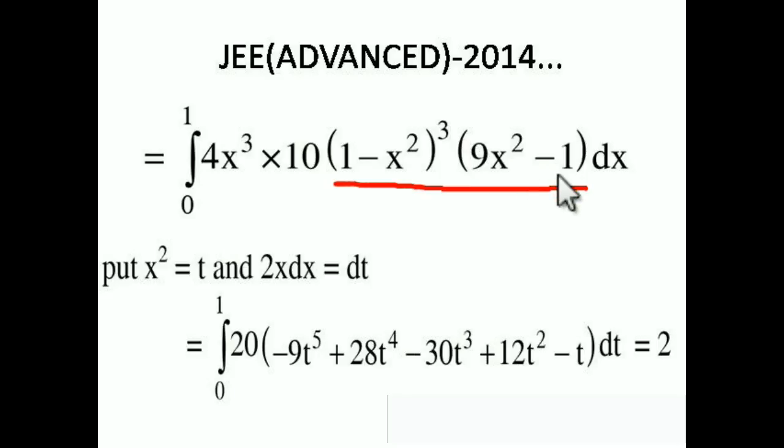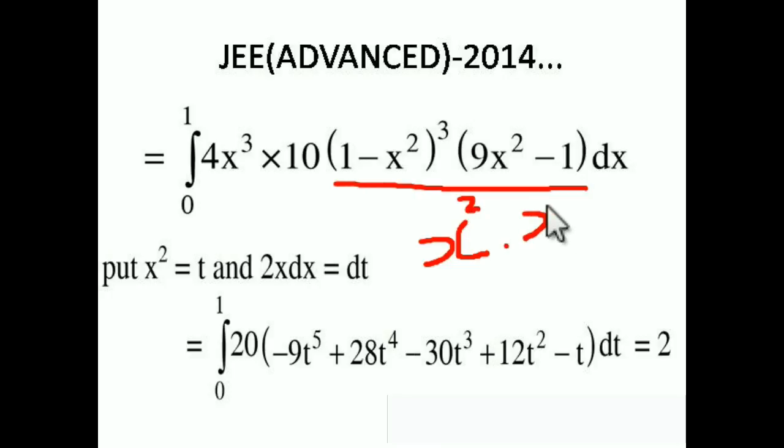Now we all know how to solve this. Just take x square equal to t, so 2x dx becomes dt. Here we have x cube, and that can be written as x square into x.